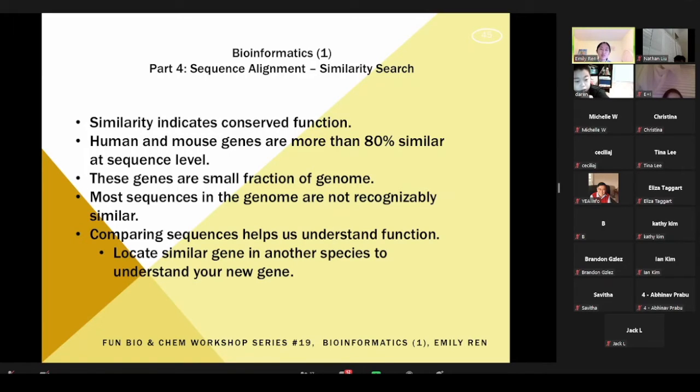So let's say if we have a human and a mouse and we compare their genes, if we find a conserved function for, let's say, giving birth, since human and mice are both mammals, that would be a conserved function between human and mice, because that function is the same or that gene that codes for that function is preserved over the two species. So human and mice actually share more than 80% similar genes at the sequence level. And these genes are only a small fraction of the entire genome.